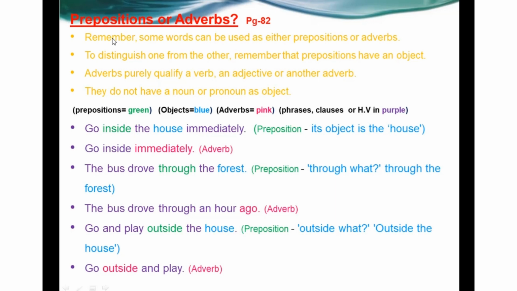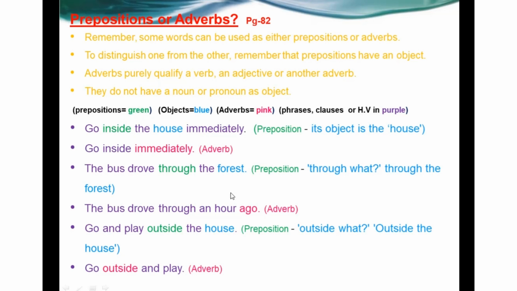Now we have some points related to that. Let's see what those are. So students, always keep it in your minds that prepositions should always have an object with them. Adverbs purely qualify a verb, an adjective, or another adverb. They do not have a noun or pronoun as the object, like I told you. In these sentences, you see prepositions are given in which color? Green color.